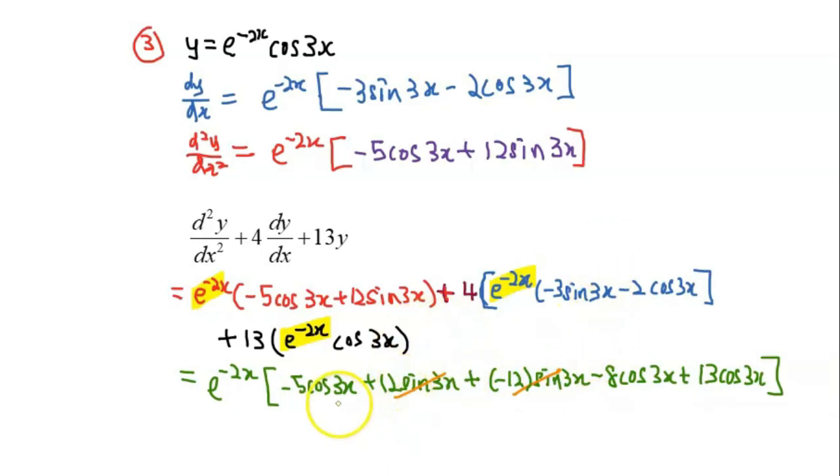For cos 3x, here we have negative 5, here we have negative 8, and lastly we have 13. Also, we can simplify it to become 0. Therefore, e to the power of negative 2x times 0 equals 0. Lastly, we managed to prove this equation equals 0.